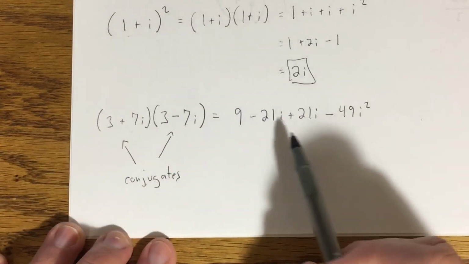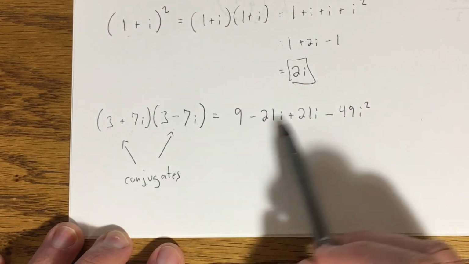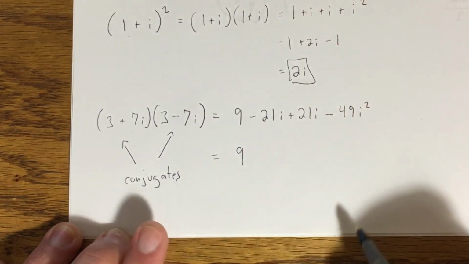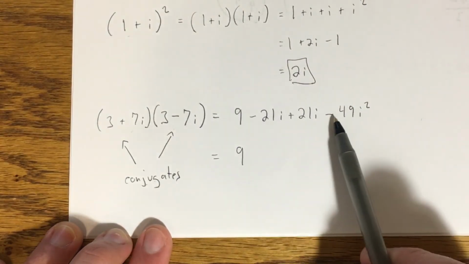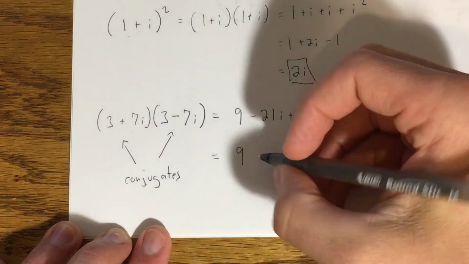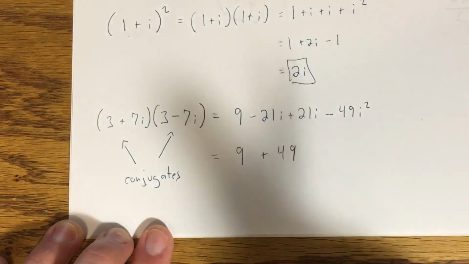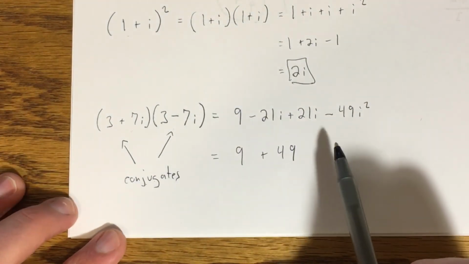One thing you'll notice is that the i's, the -21i and the plus 21i, are going to cancel out. So the only thing I'm left with are real numbers. Secondly, when this i squared becomes a -1, it'll change this -49 into a positive 49. Now I'm going to add those up, but before I do that, two things, again, worth reiterating about this.